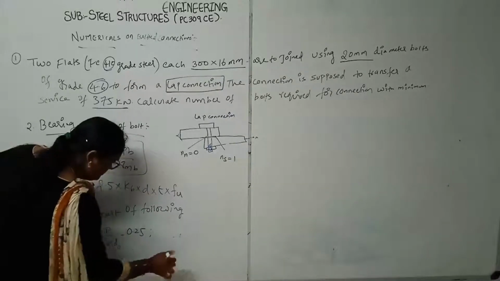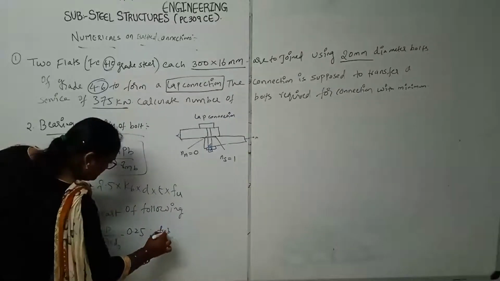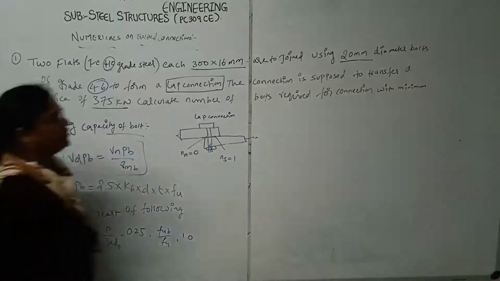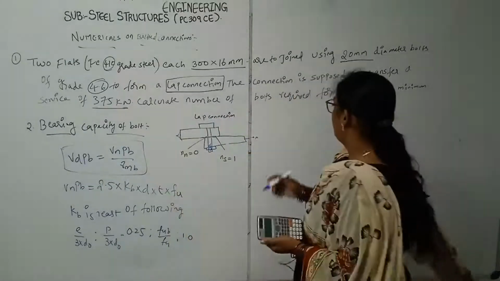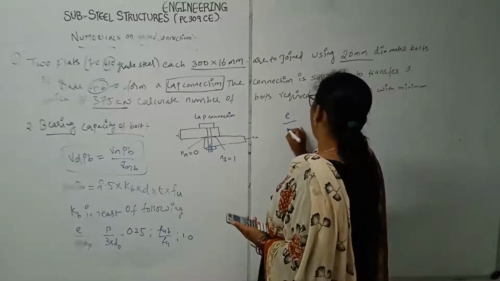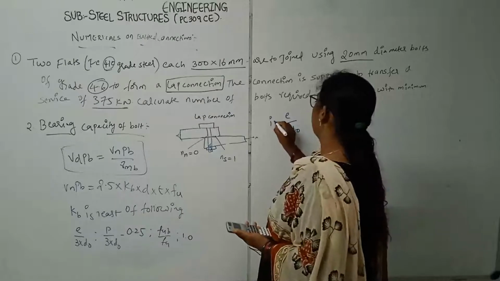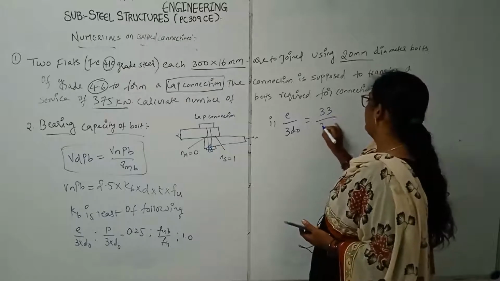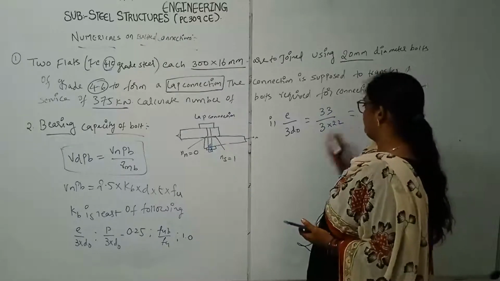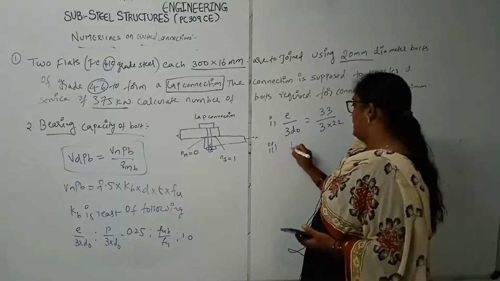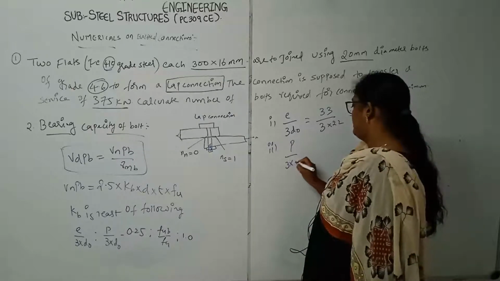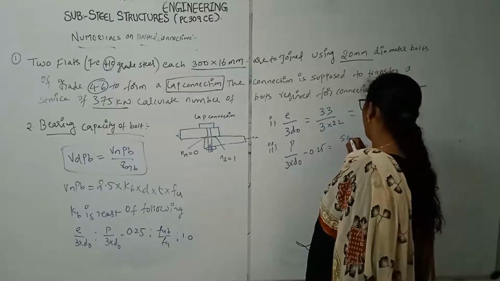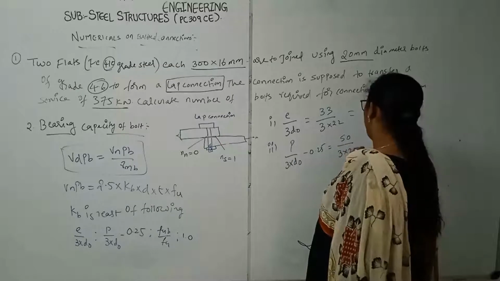And FUB by FU. Now we will solve it. E by 3D naught. So what is E? 33 we have got, by 3 into D naught, which is 22. Second one, P by 3 into D naught minus 0.25, P we have got 50, by 3 into 22.